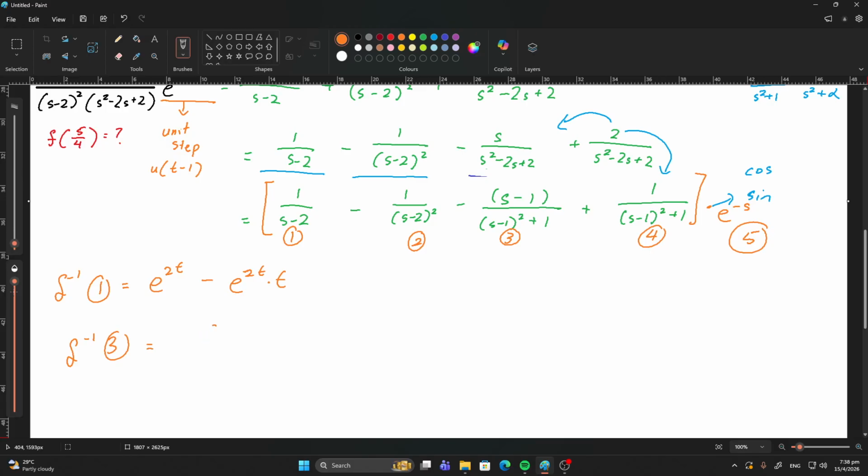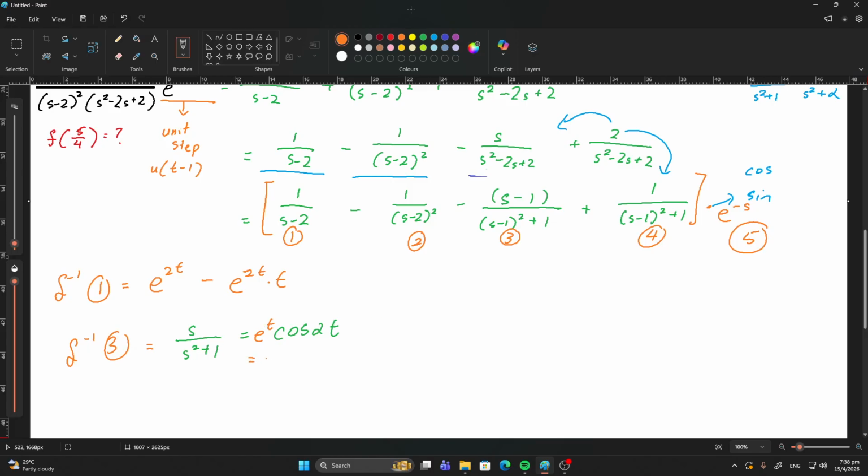remember the term on top was something like s over s squared plus 1, so we know that this becomes a cosine alpha theta, am I right? But because it's s minus 1, we need to add an e to the t in front, because e to the 1t.